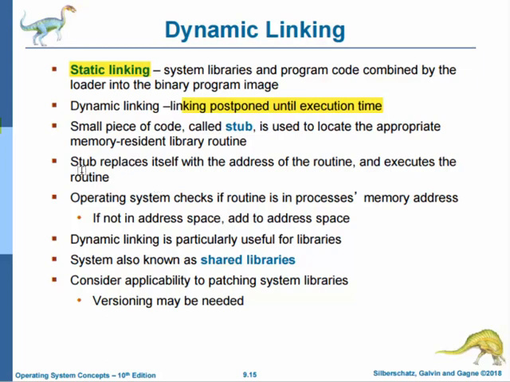A second advantage of DLLs is that these libraries can be shared among multiple processes, so that only one instance of the DLL will be in main memory. For this reason, DLLs are also known as shared libraries, and they are very extensively used in Windows and Linux systems.